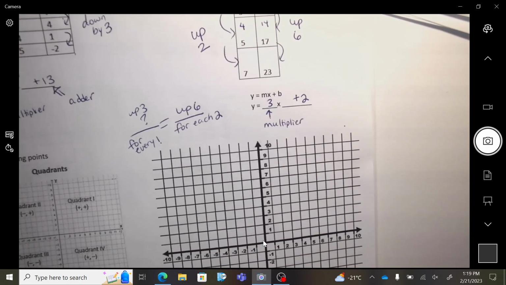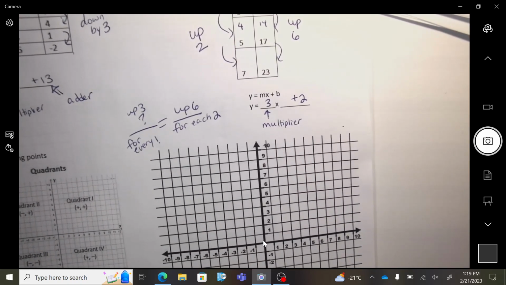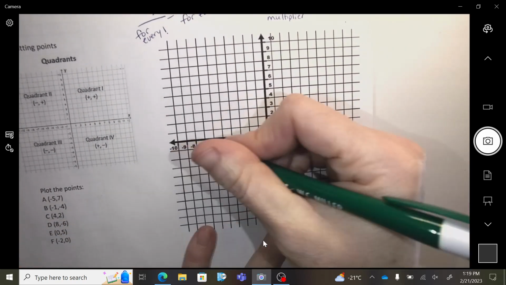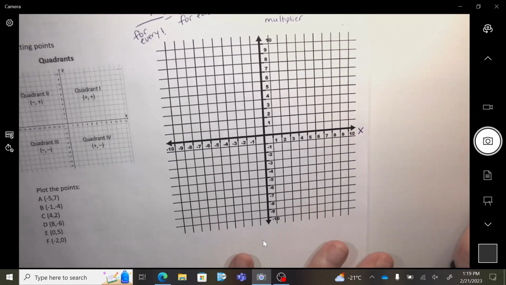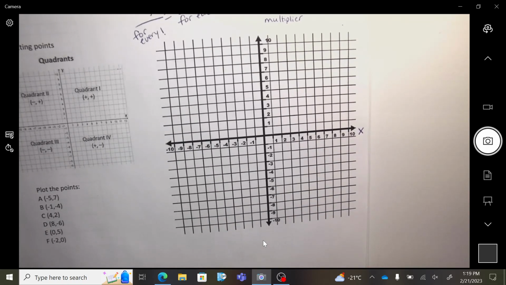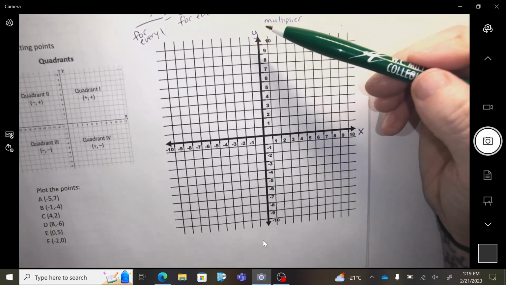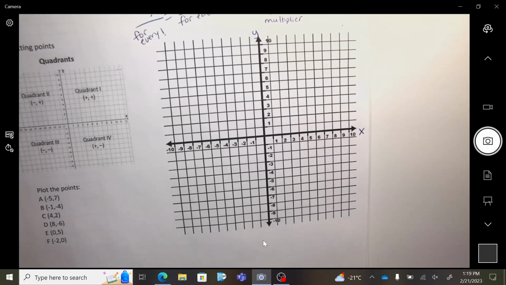Okay, we're going to graph some coordinates. Have we done this before, yes or no? So you've seen a graph, a coordinate grid. And horizontally, these are always your X numbers. Your X always moves left and right. And your Y numbers always move up and down.